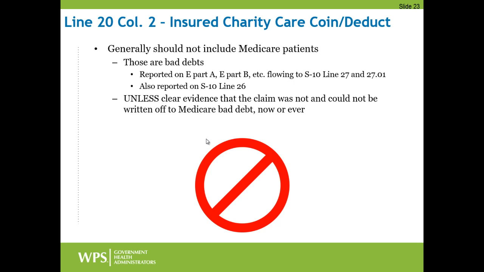However, due to the high risk of duplication, there must be clear evidence as to why you didn't write it off for Medicare bad debt, and that it could not be written off for Medicare bad debt now or in the future. So there are a lot of different requirements that must be met for Medicare bad debts to be written off, and you'd have to document why it could not meet those criteria.